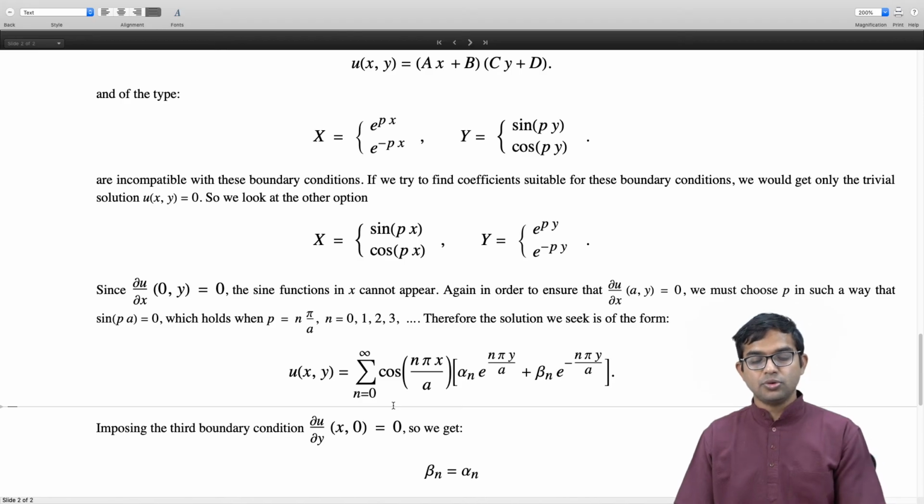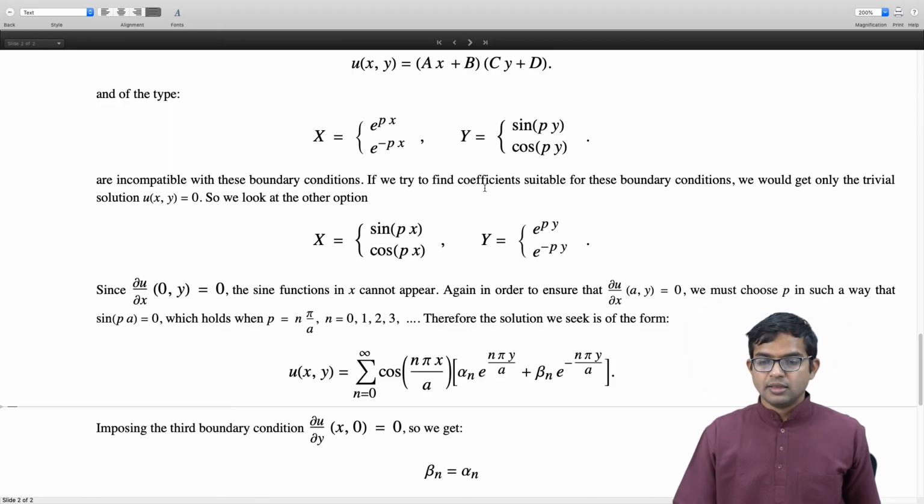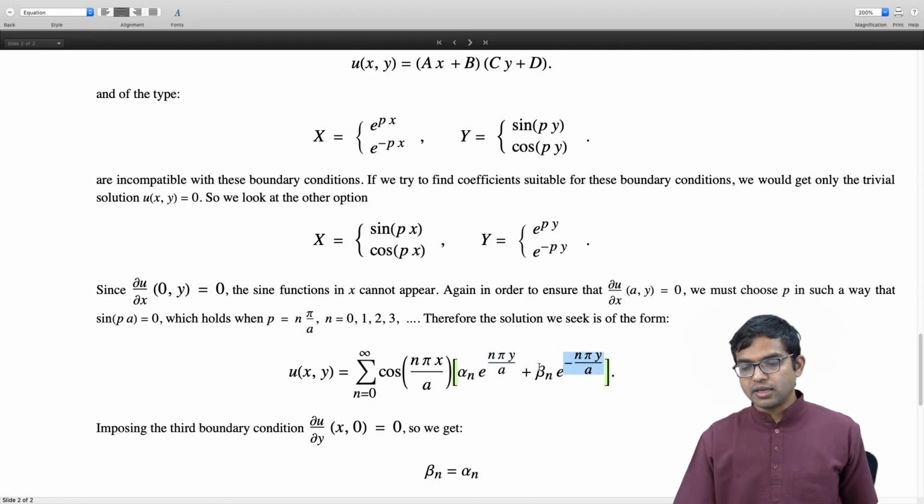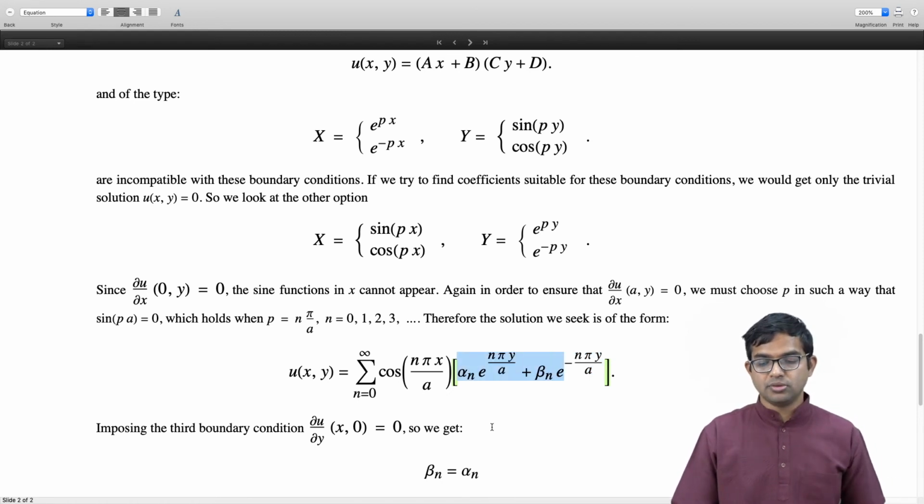If you choose dou u by dou y of x comma 0 is equal to 0, you can quickly check that if you take the derivative of this function, dou u by dou y, that's going to give you this stuff with n pi by a, then this stuff with a minus n pi by a, and then you have to put y equal to 0. So immediately you'll see that beta n must be equal to alpha n.